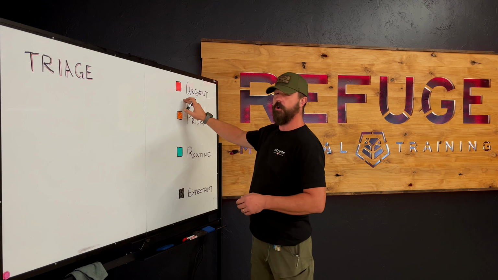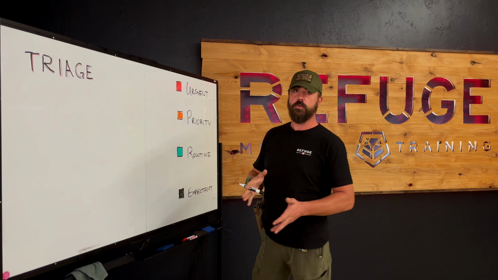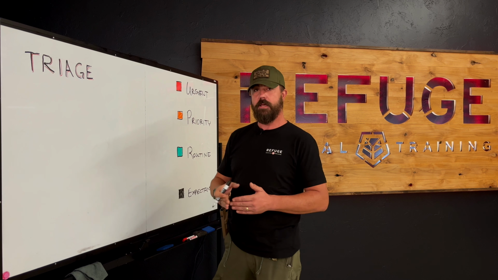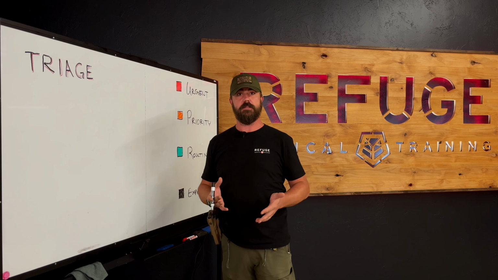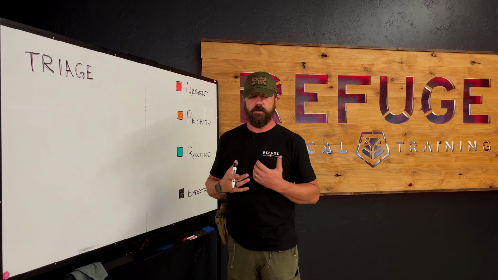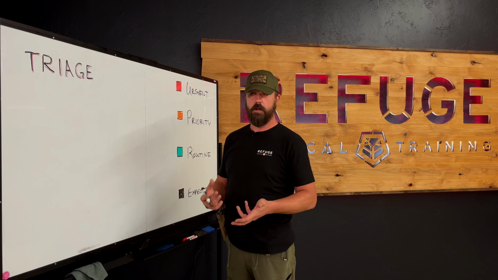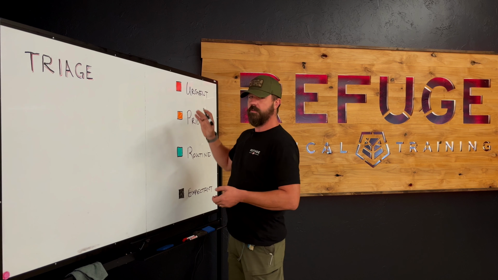Up here we have urgent, okay? So these are the individuals who need immediate care. For this, I want you to think like an arterial bleed that hasn't been stopped, right? Severe penetration of the chest cavity, things of that nature. Maybe a major bone broken that hasn't been treated. They're going to be your top priority.